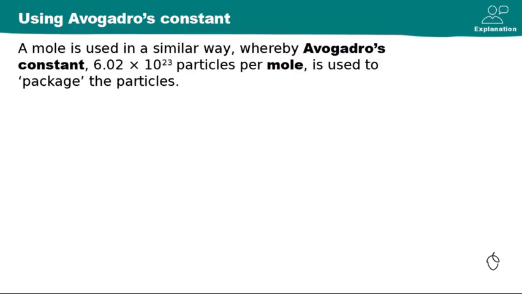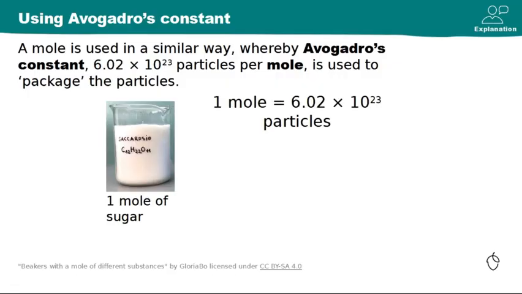Okay, so a mole is used in a similar way, whereby Avogadro's constant, 6.02 times 10 to the 23 particles per mole, is used to package the particles. So a mole of sugar has precisely 6.02 times 10 to the 23 sugar particles.